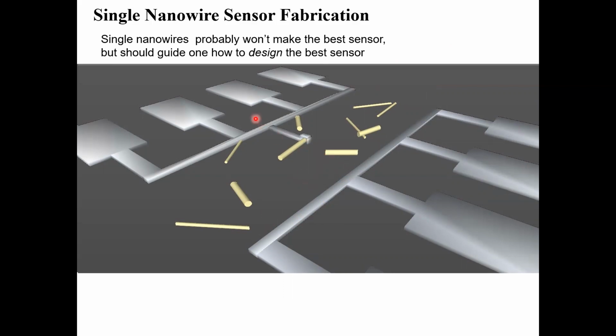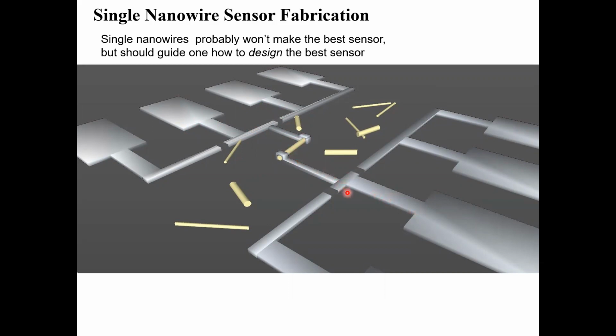You can go into the microscope and FIB platinum, create a FIBbed platinum contact onto one of these nanofibers, same on this side, and then you can cut out this part by FIBbing again. Now you will have a contact pad here, a single nanowire, and a contact pad there.